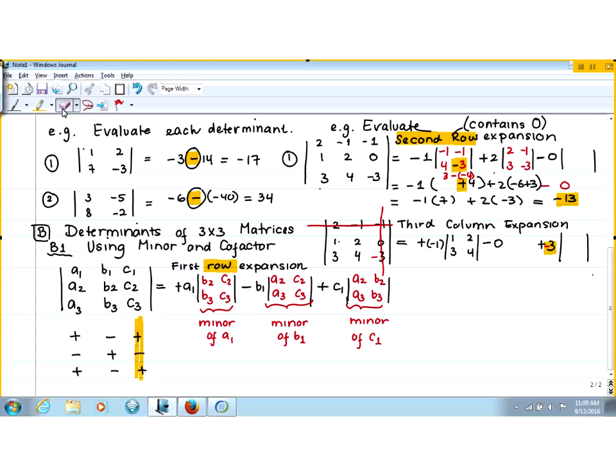And now for 0, do I need it? No, I don't. How about for -3? What is this? 2, 1, -1, 2. These are just numbers.